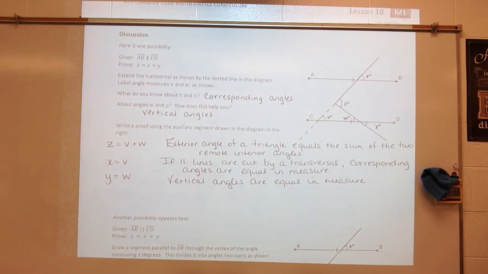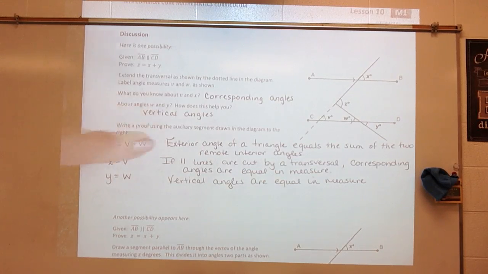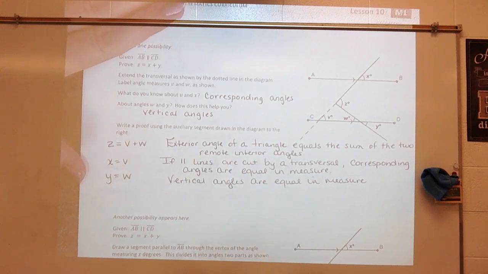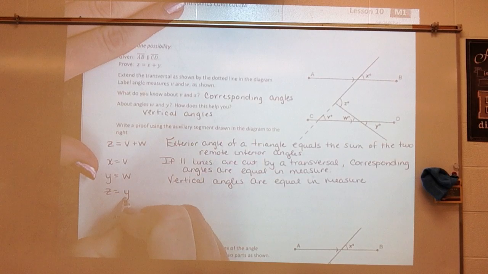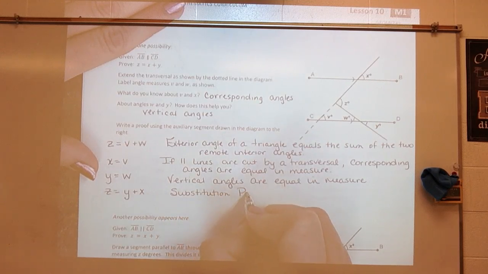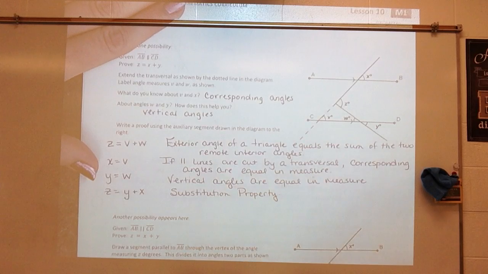I can substitute. I already know that Z is equal to V plus W. Because I know V and W are equal to X and Y, therefore, I can say Z is equal to Y plus X because of the substitution property.